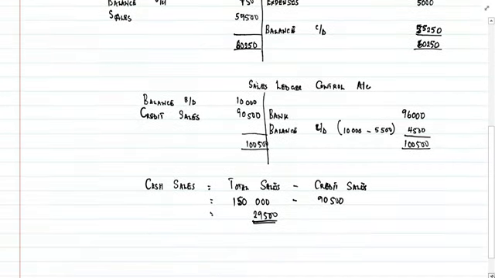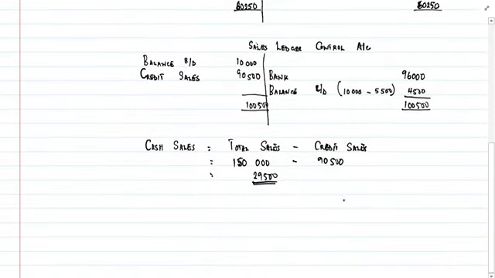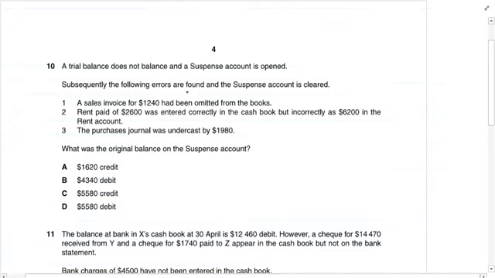Some journals here. Right, so let me go to a fresh page. Debit, then credit.